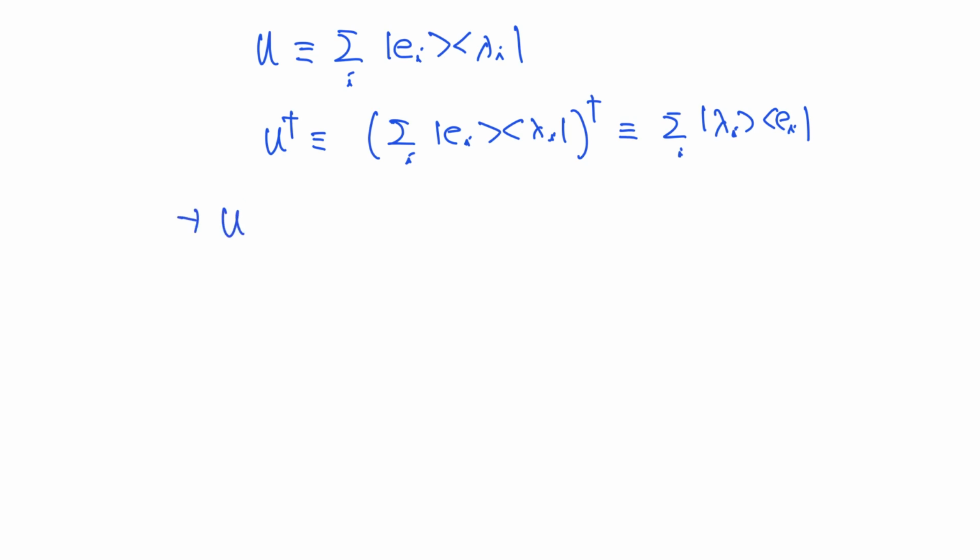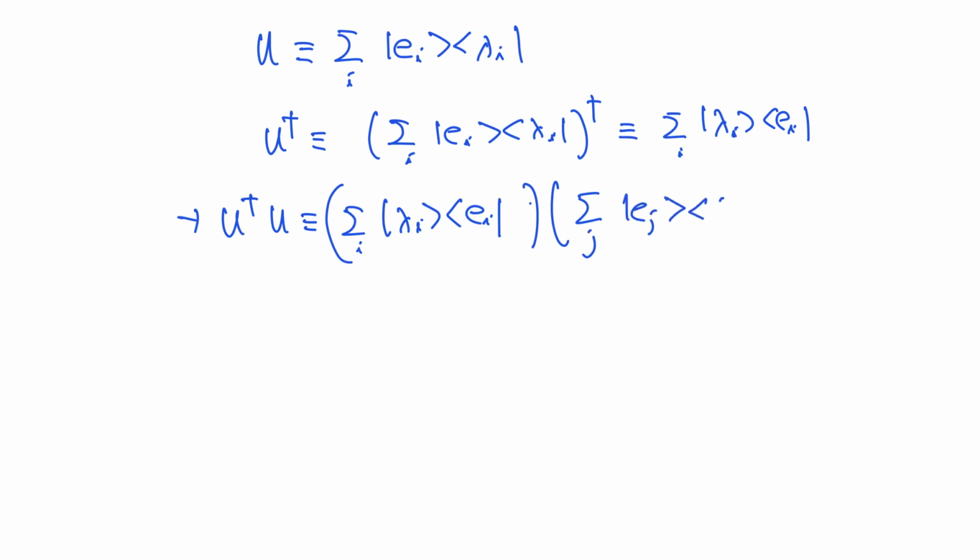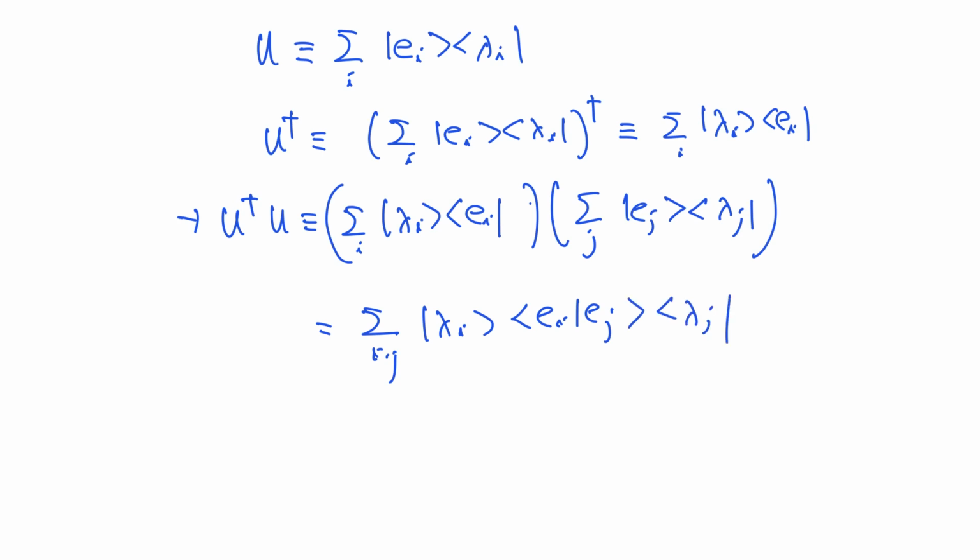Then U dagger U is the sum over i and j of psi i e i dot e j psi j dagger. Previously we have shown that the e i vectors are orthonormal, so this is delta i j.